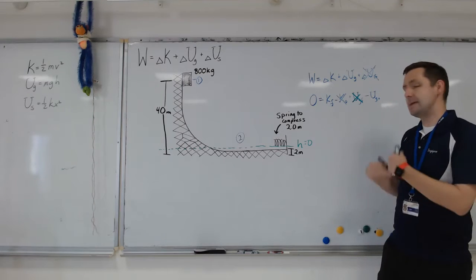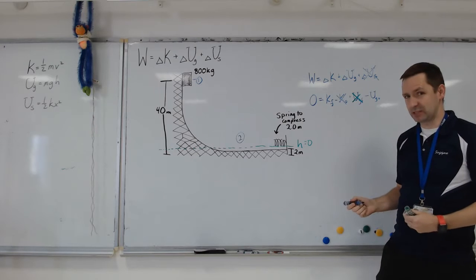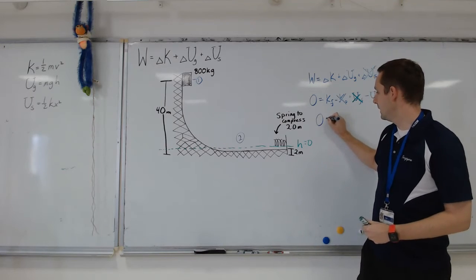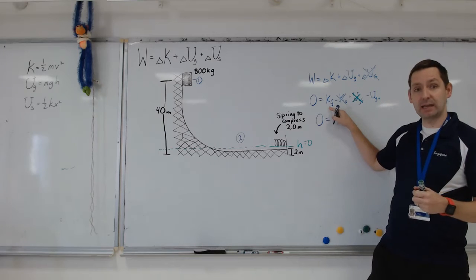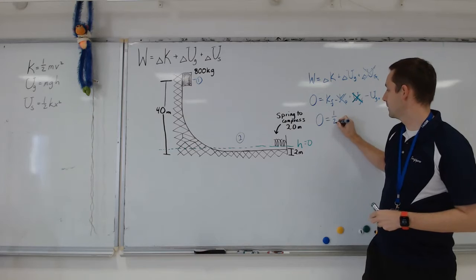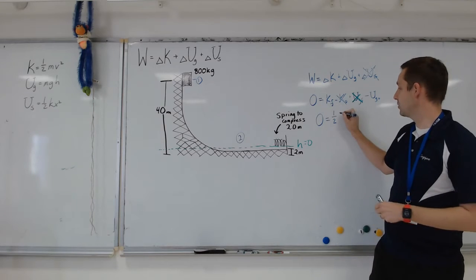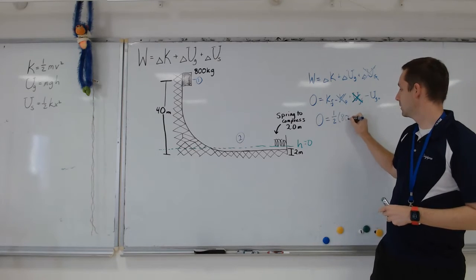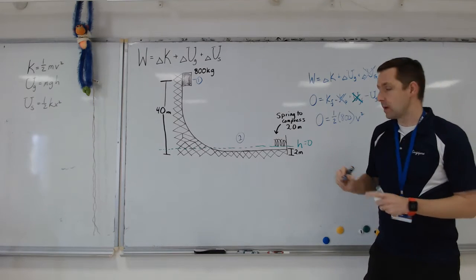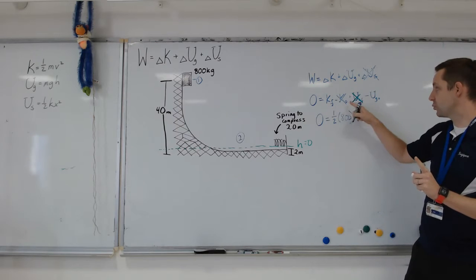Okay? Now I'm going to go ahead and start putting numbers in. I've got the zero. It's going to be equal to the final kinetic energy, which is going to be 1/2 times the mass, which was 800, times v squared. And then that goes away, that goes away.